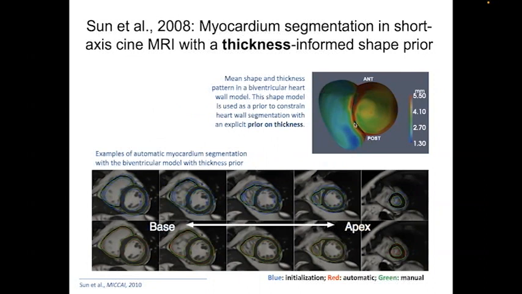Some mean shapes and mean thickness maps, diastolic and systolic, that we got with this method, and then change over the cardiac cycle. Again, a lot of times for practical applications, you don't have to do the full PDE method, but the PDE method does work. Like I said, just a little slower.